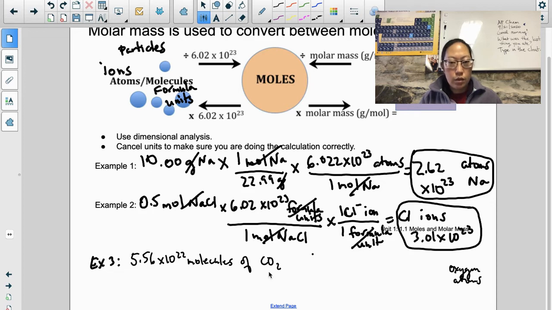Well, we can look at the ratio of the atoms to the molecule in this formula. So I can see right here that for every one CO2 molecule, I see 2 oxygen atoms. So there are 2 oxygen atoms for every 1 CO2 molecule.